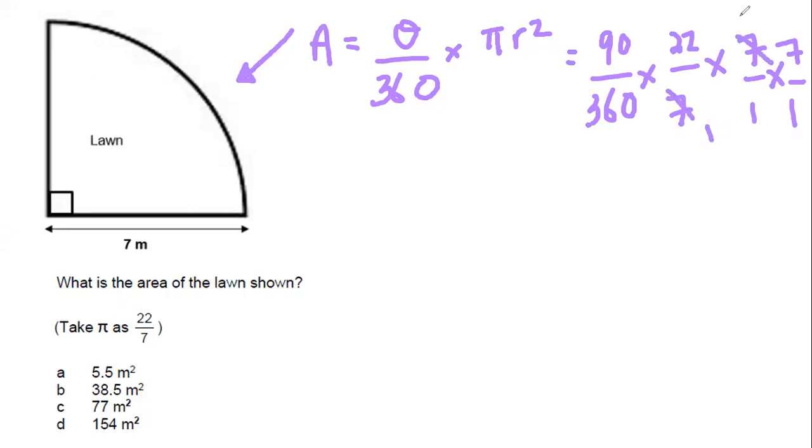Those 7s will cancel out. 9 into 9 goes 1, 9 into 36 goes 4, 2 into 4 goes 2, 2 into 22 goes 11. So we end up with 77 divided by 2, and that would be 38.5.